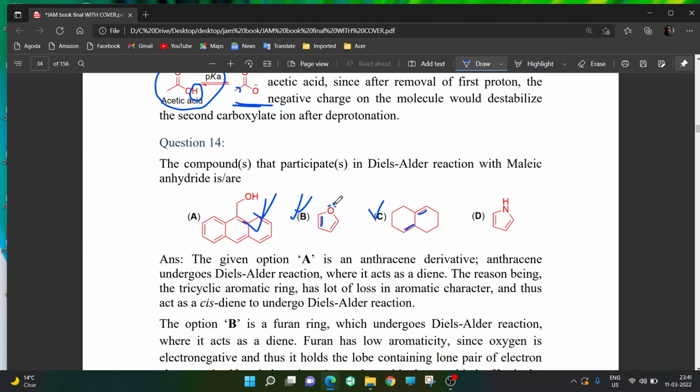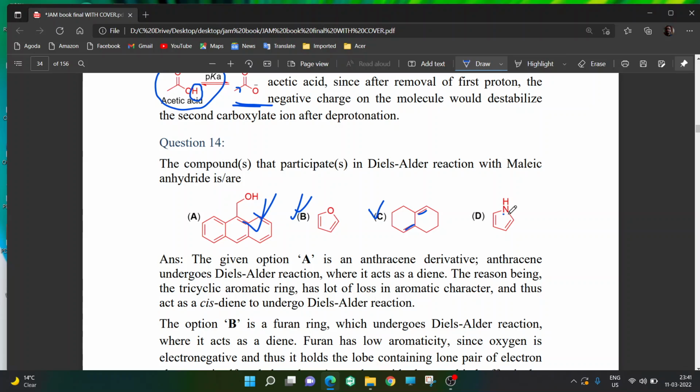But the thing is, oxygen is not very happy to give its lone pair of electrons. Why? Because oxygen is electronegative, it holds its electrons closer to itself. Because of this, it is much less aromatic, and therefore it undergoes certain addition reactions, and Diels-Alder reaction is one of them.